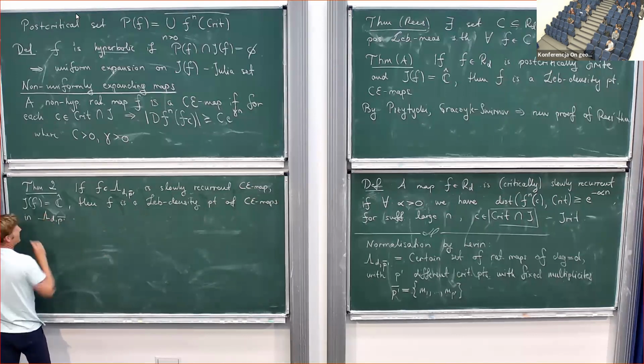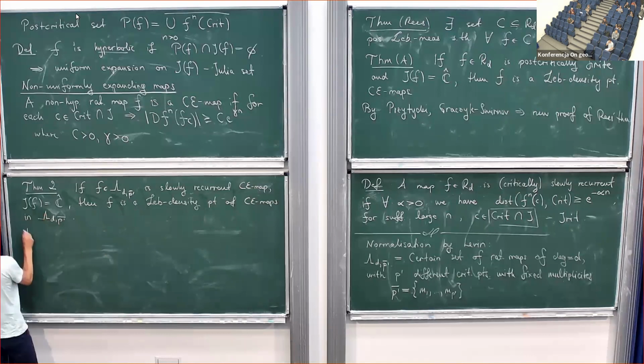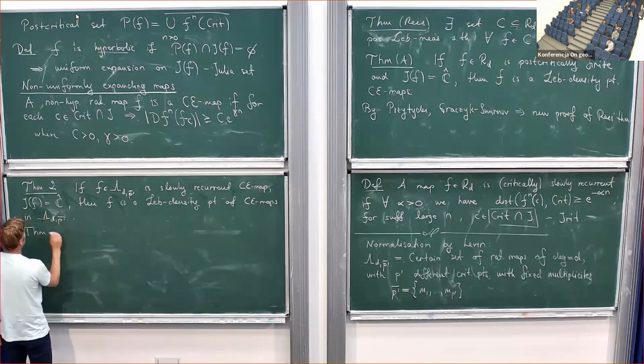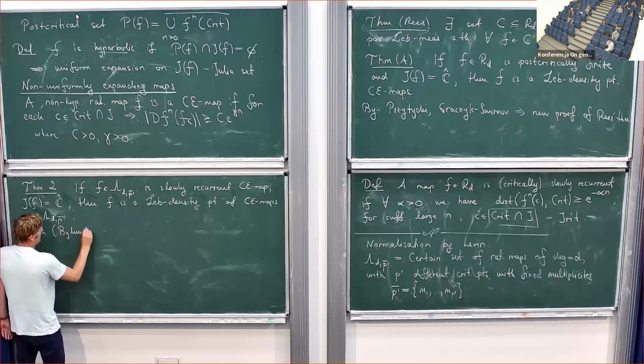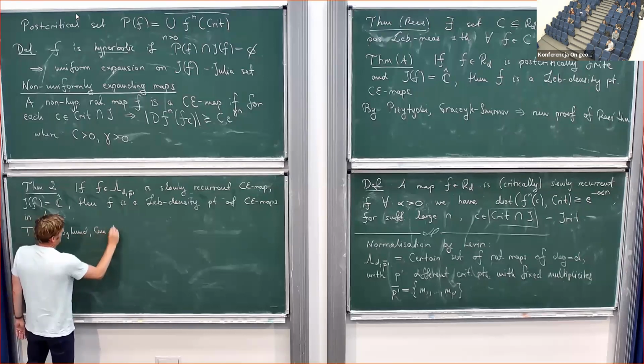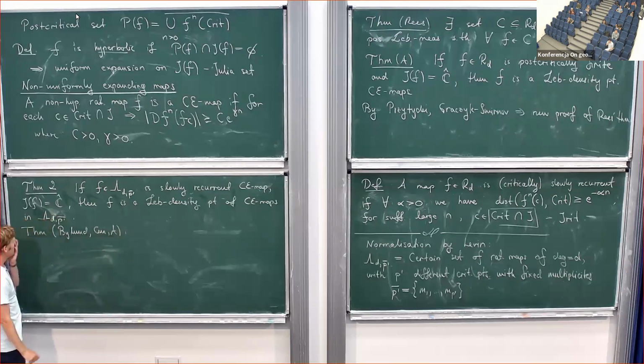Okay, so that's one. Now theorem 3 or 4 or whatever. This is together with Mats Bylund. Now we consider the case when the Julia set is not the whole sphere.